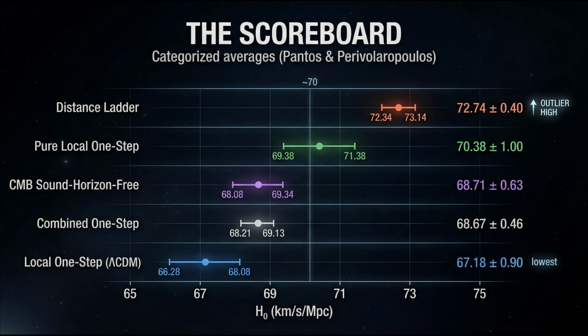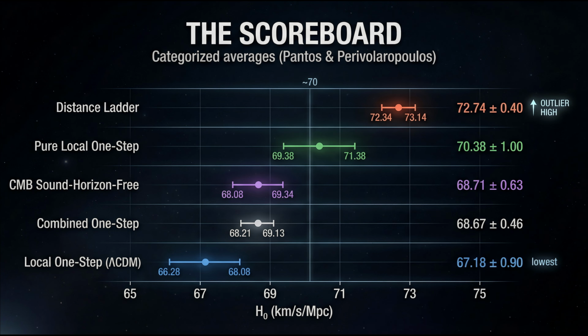And if you lump the one-step family together in their analysis, the combined one-step average is 68.67 plus or minus 0.46. Those uncertainties are small enough that if this were one method arguing with itself, the fight would already be over. That's the split. Not two teams, two clusters with internal structure.